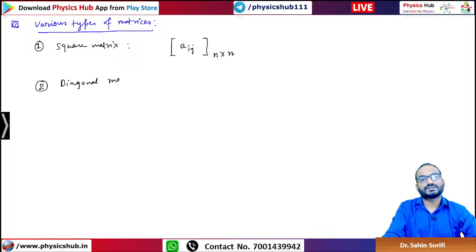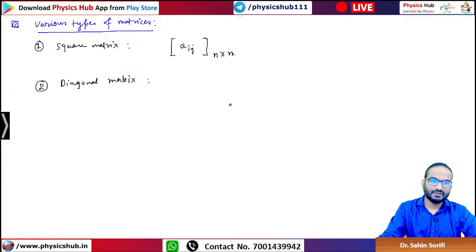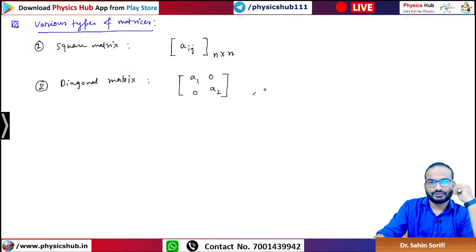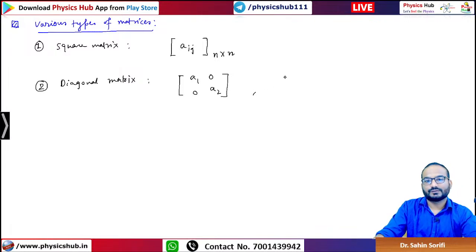You already know this thing, I am just quickly reviewing. Okay, what is the diagonal element? For a diagonal matrix, only the diagonal elements will remain. Let's say, for an example, this is A1, A2. Other elements are 0.